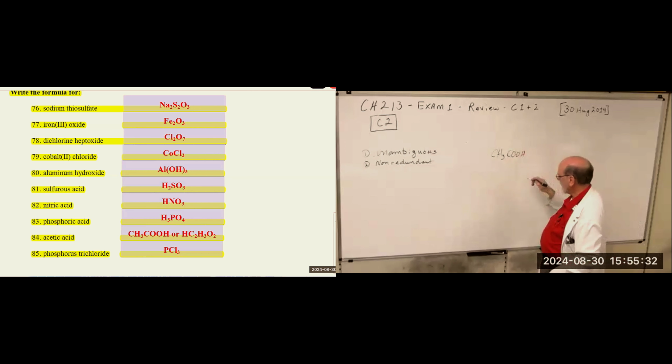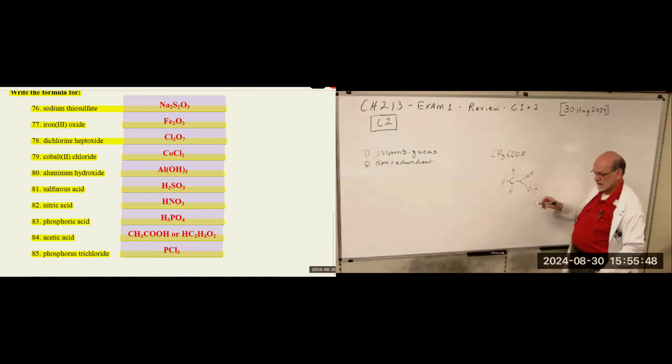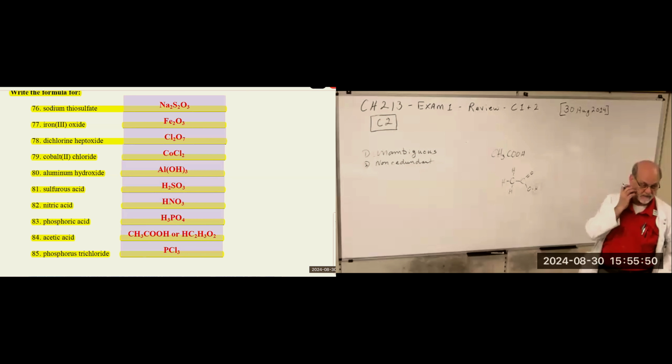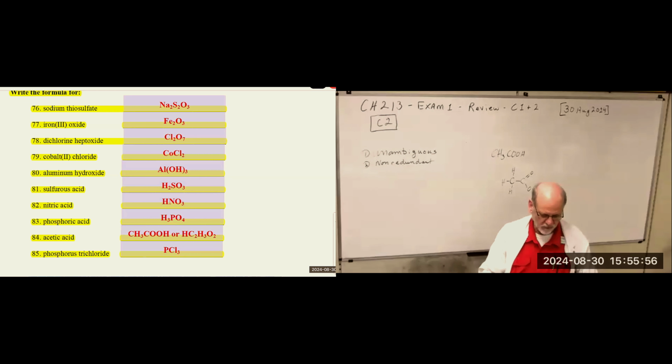If we draw this structure out, we have carbon here, 3 hydrogens, then connected with this carbon, and then we have an oxygen here with a double bond and an OH here. This is the acidic hydrogen. That's the one that dissociates and makes the sour taste in your vinegar. That's the only reason I wrote it both ways.